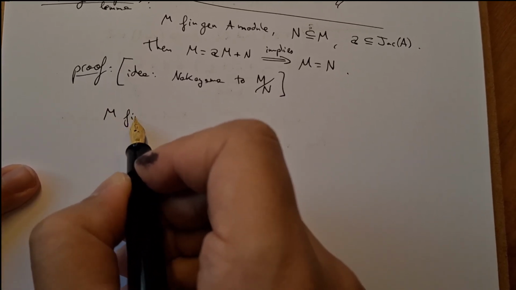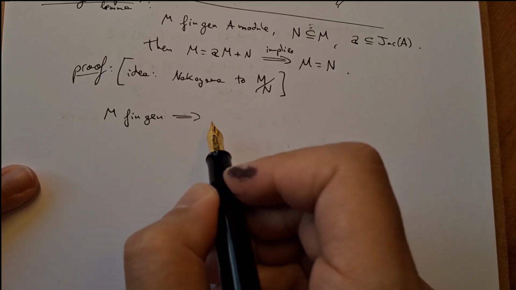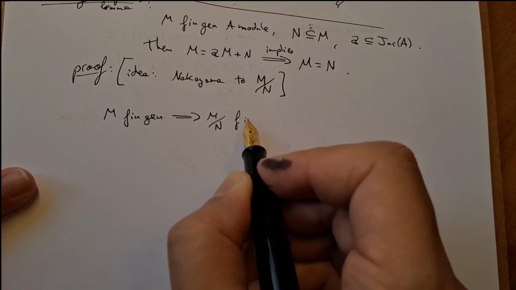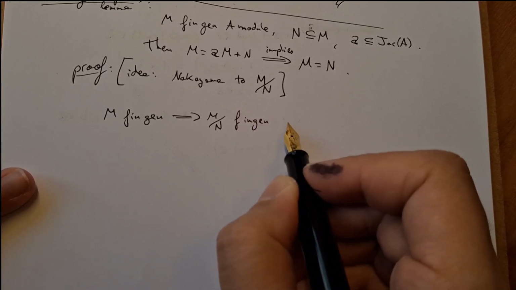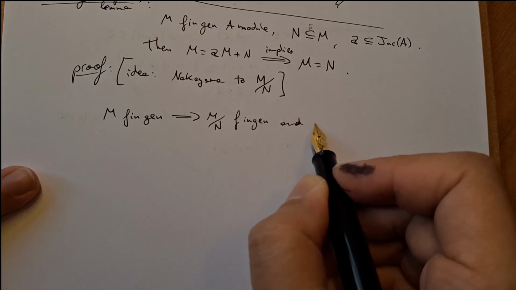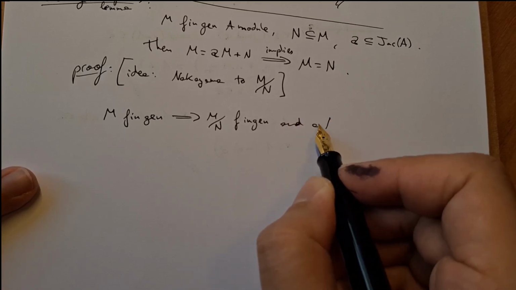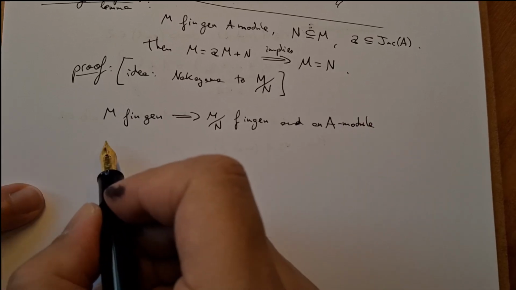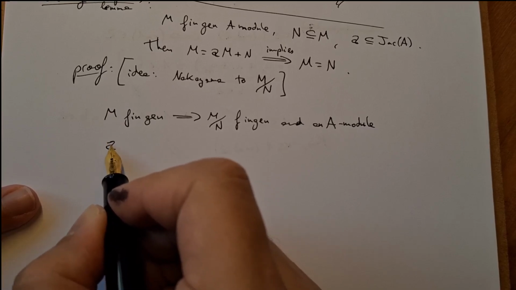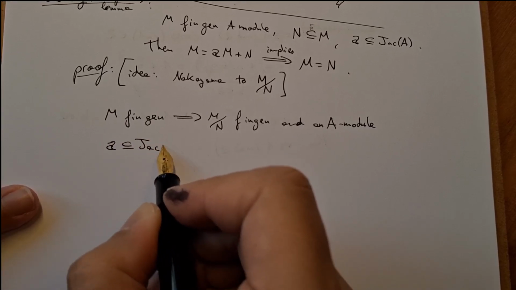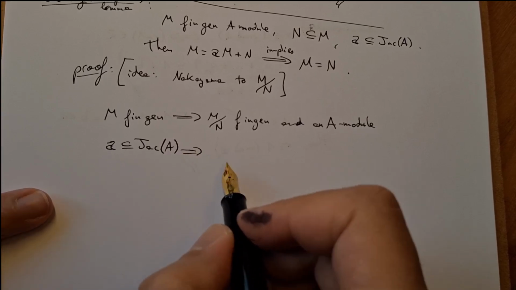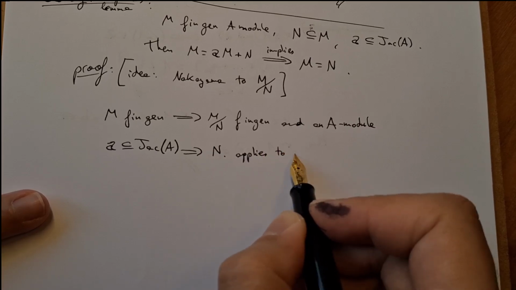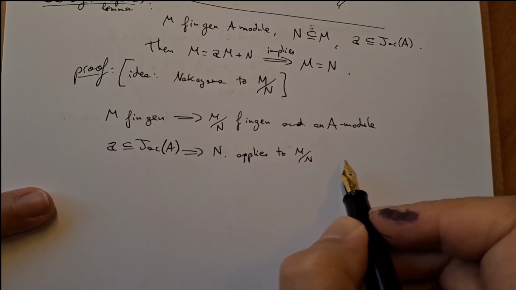Since M is finitely generated, then we know that M quotiented by N is also finitely generated, and also it will be an A module. Since the ideal A is a Jacobson radical, then Nakayama's applies to M over N also.